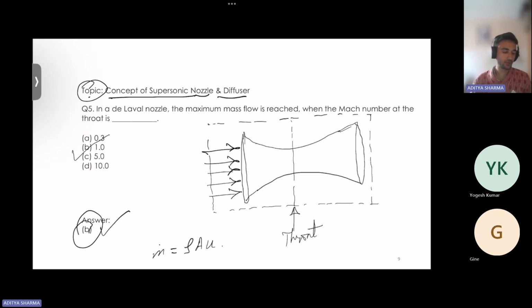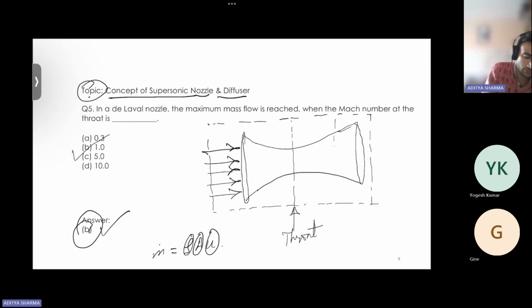So this mass flow rate comprises three things. There is the density of the air or gas we are dealing with, then the velocity linked to that, and then the area linked to that.